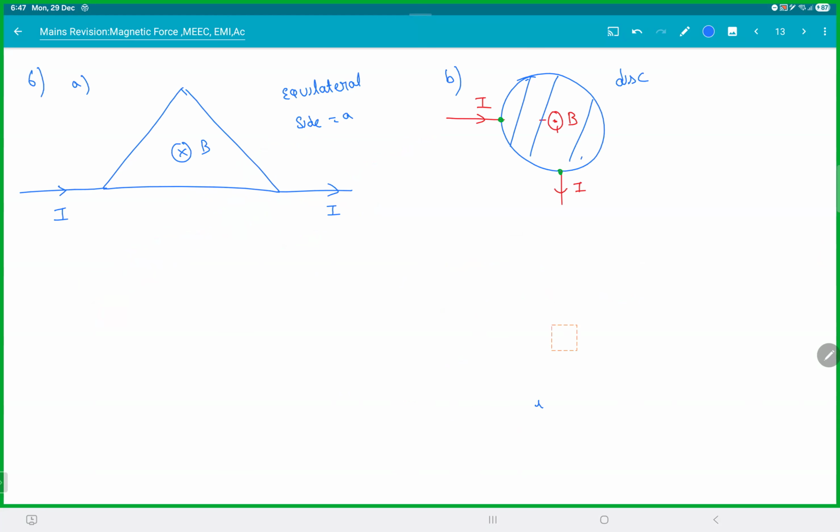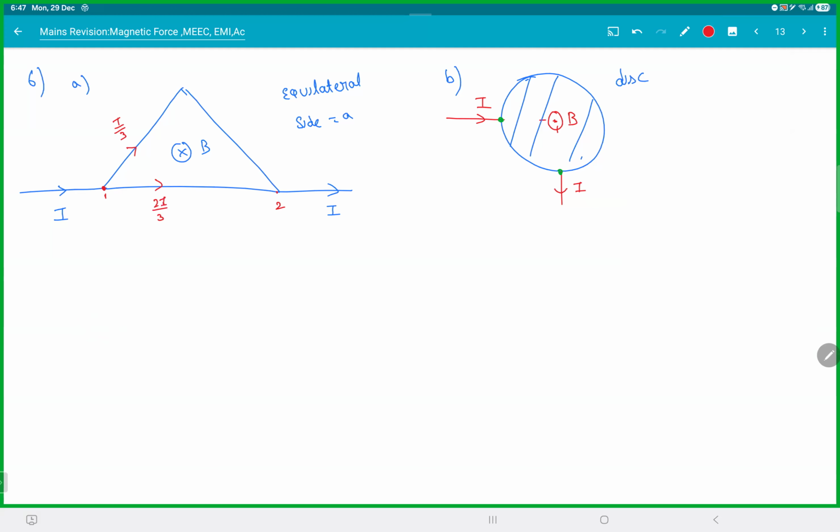Now, if you know that, then it becomes pretty straightforward to do this. So for this guy, the entry point is this, the exit point is this. So for the upper part of the wire, this is the projected length, L only. Getting it? So actually what happens here, the current will split. This will be I by 3 and this will be 2I by 3.